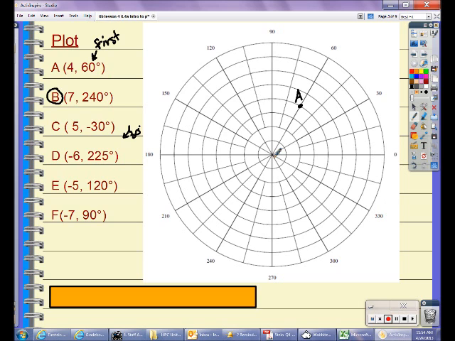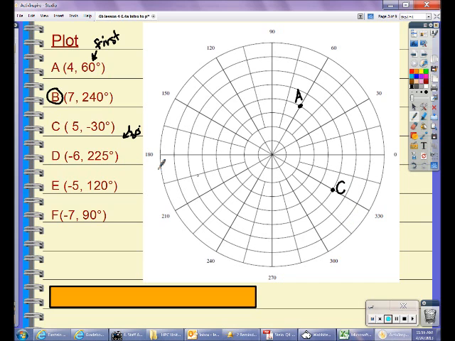And out this line I'm going to go 1, 2, 3, 4, 5. That gets me to point C.